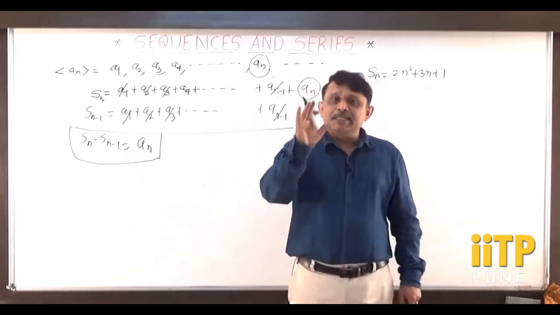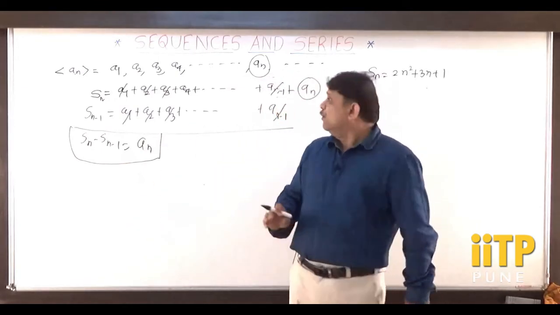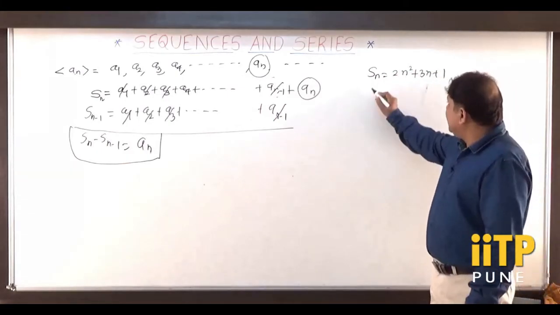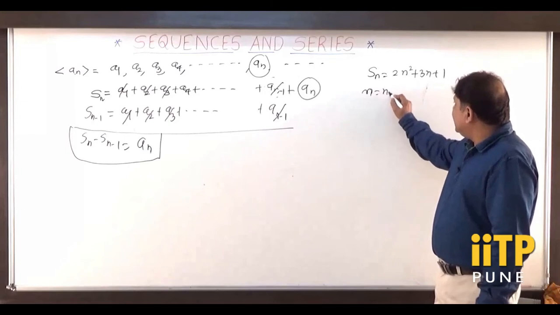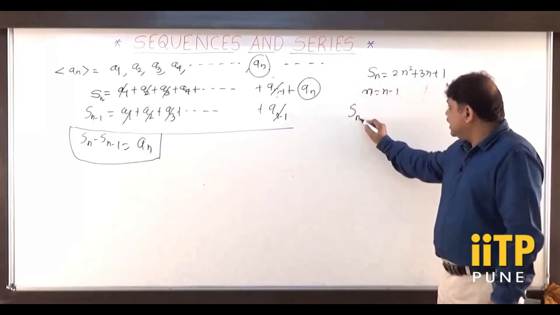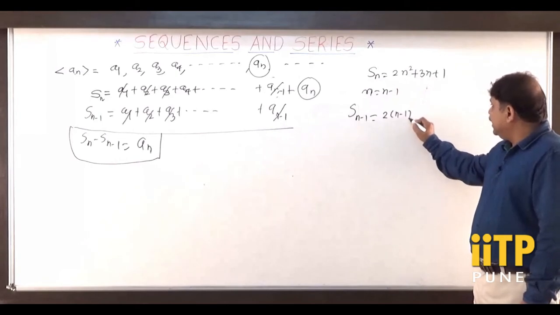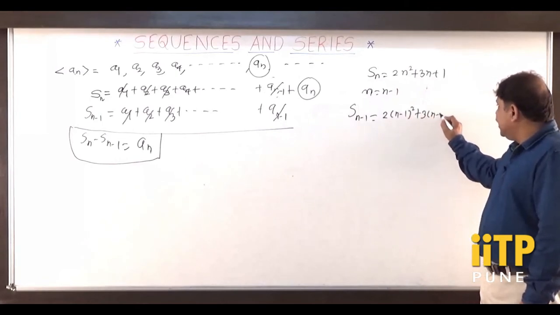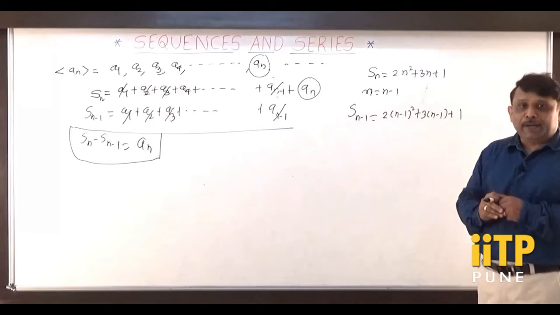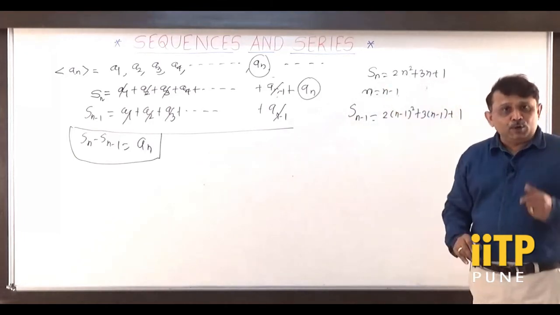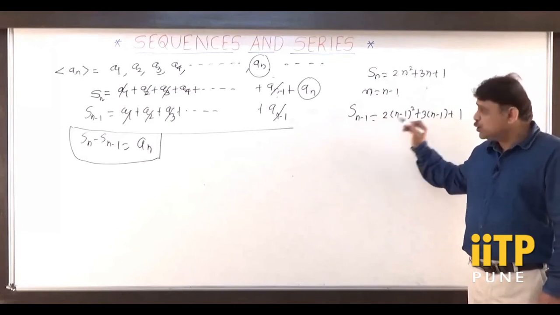This difference is nothing but the nth term of the sequence. In order to find S(n-1), we replace n by n minus 1. What we get is S(n-1) equal to 2 into (n minus 1) square plus 3 into (n minus 1) plus 1. Simply I am replacing n by n minus 1 in order to obtain S(n-1).